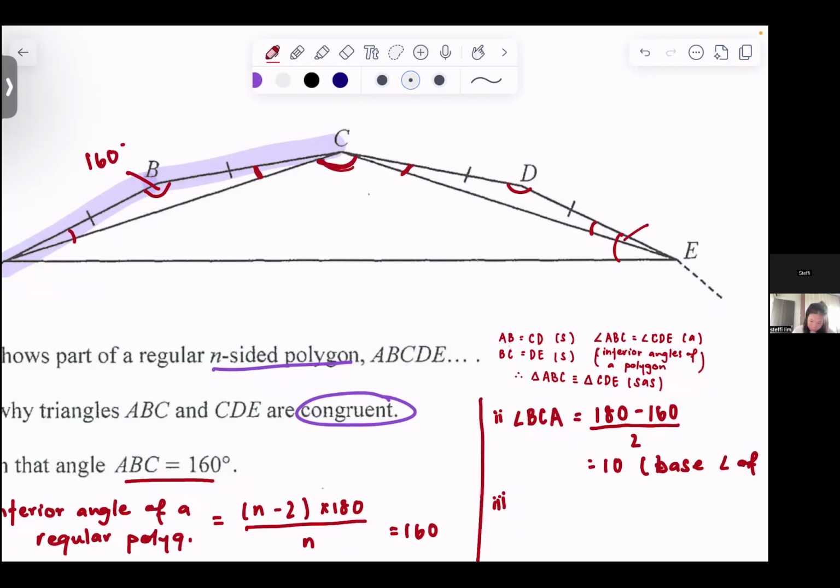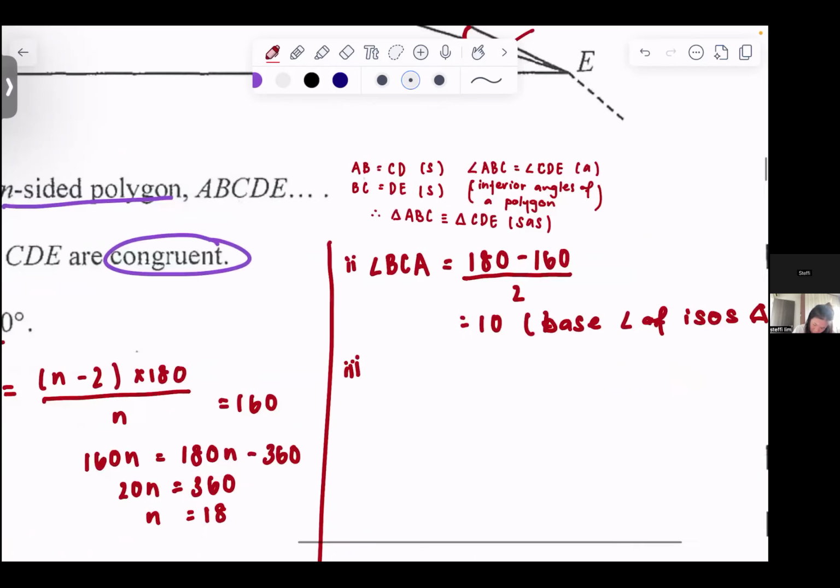So step by step, ACE equals 160 minus 2 base angles of an isosceles triangle, which is 2 times 10, equals 140.